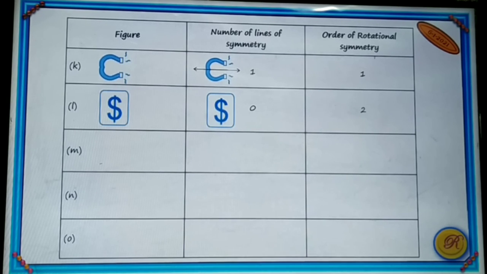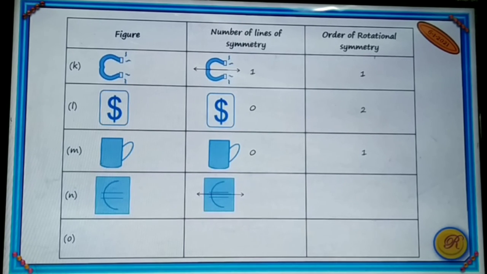For figure M, number of lines of symmetry 0. Order of rotational symmetry 1. For figure N, number of lines of symmetry 1. Order of rotational symmetry 1.